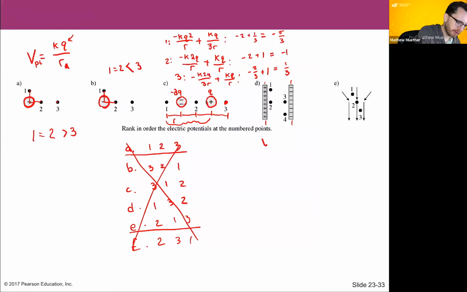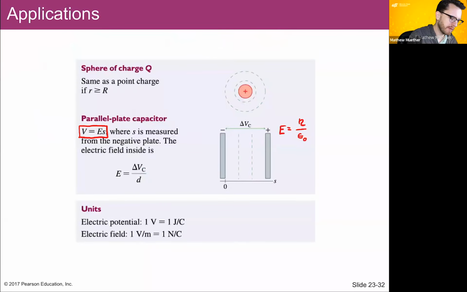So V equals ES. Again, this is measured from the negative plate. The electric potential is increasing as I move towards that positive plate.